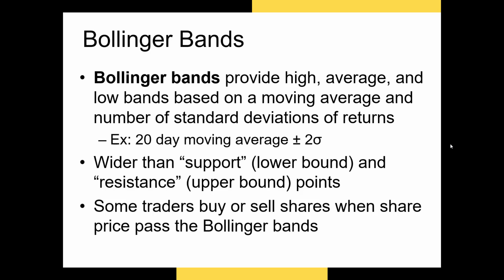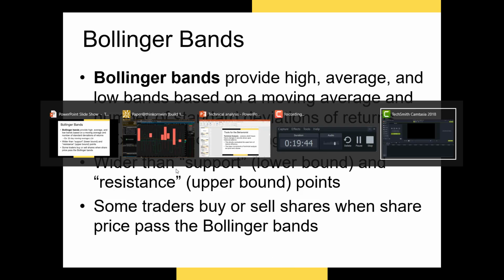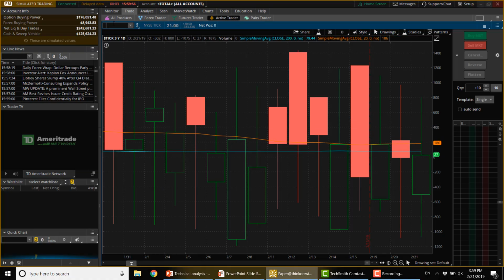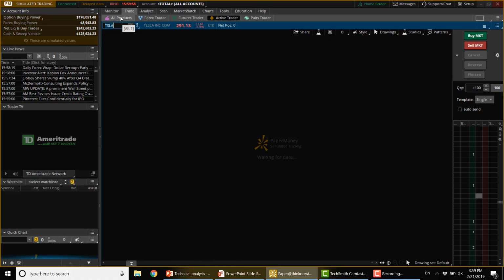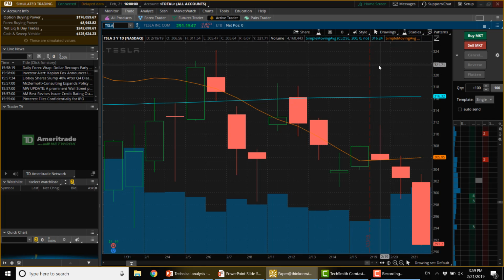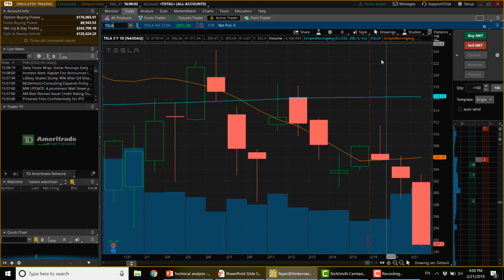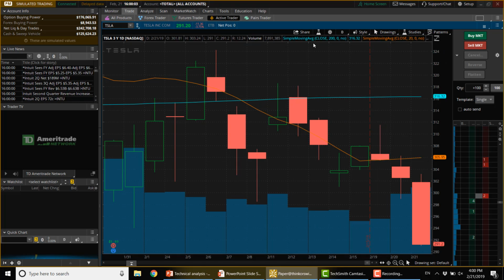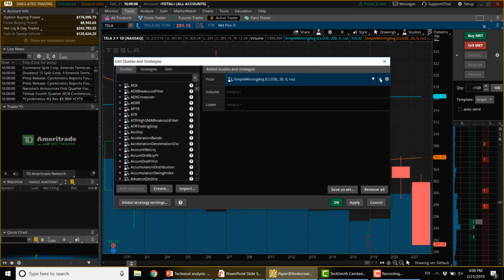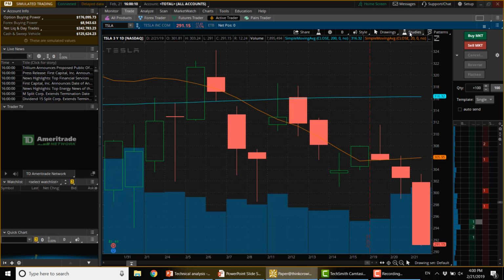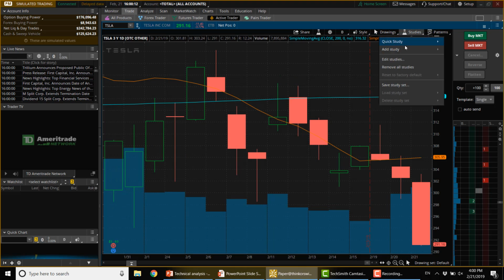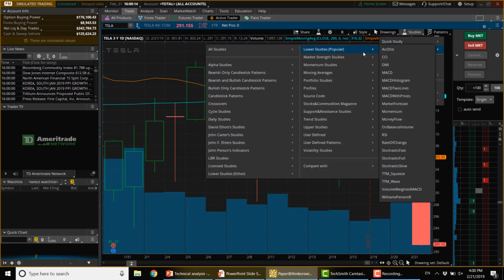All right, so let's take a look at how we add these in Thinkorswim. I'm going to go back to Tesla, and I will adjust this, and we will get rid of the simple moving averages, and I'll go up to Studies and add some Bollinger Bands.